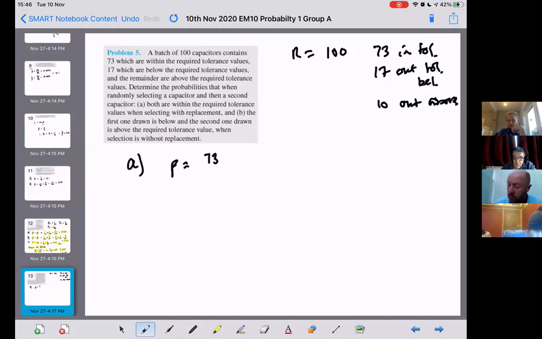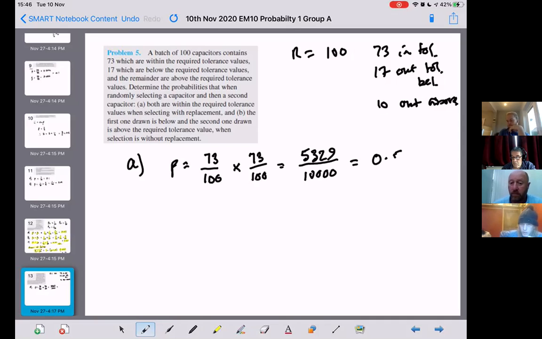We're doing the probability of one being good is 73 in 100, and the second one, there's another 73 in 100, which is 5,329 over 10,000, which equals 0.5329. Yep, correct.